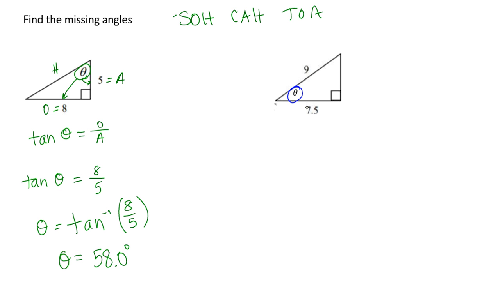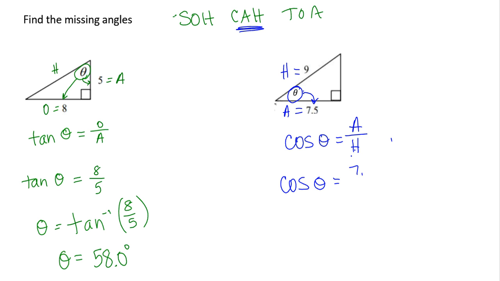Here's my angle theta, and I don't have the opposite. I do have an adjacent and a hypotenuse. Well, the trig function that deals with adjacent and hypotenuse is cosine. So cosine of theta equals adjacent over hypotenuse. That means my angle theta is cosine inverse of 7.5 over 9.